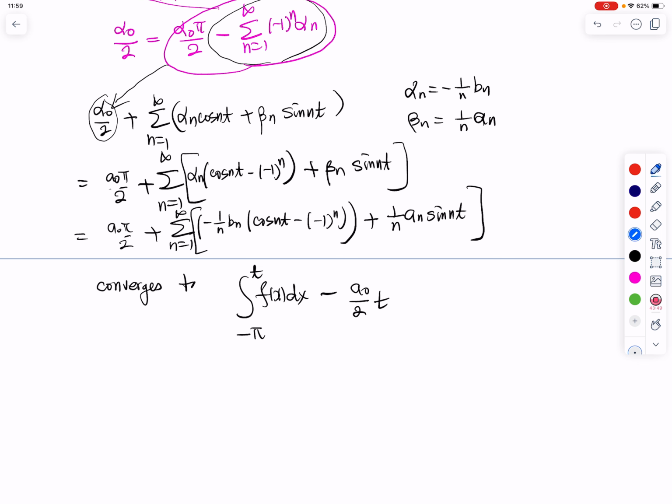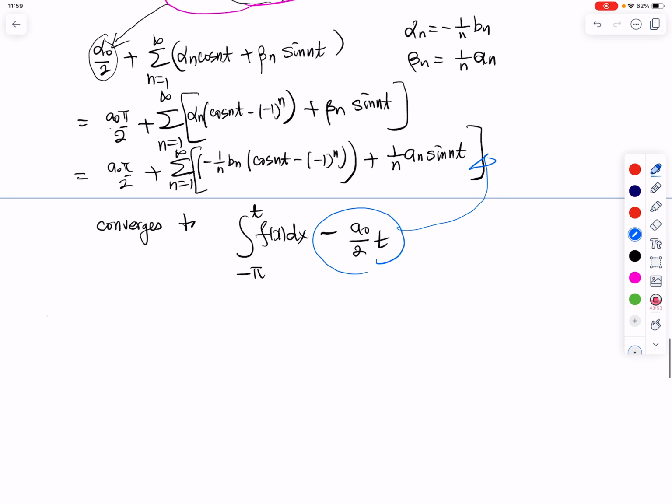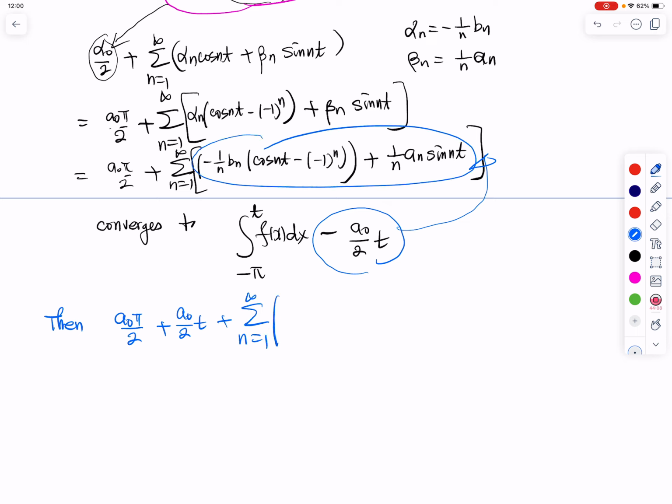Then you can move this term to the left side: a0 pi over 2 plus a0 over 2 times t plus the summation from n equals 1 to infinity, with this part kept the same, and this converges to the integral from minus pi to t of f(x) dx.